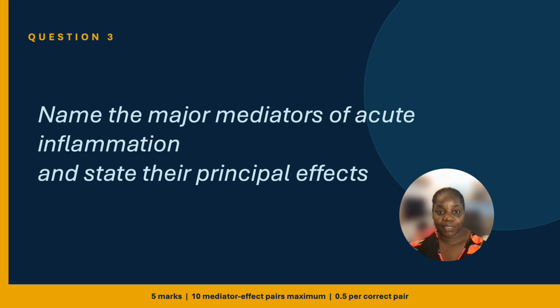As for expected performance, I expect a well-prepared year 3 biomedical science student to correctly list 7 to 9 mediator-effect pairs. In this case, the scoring will be between 3.5 and 4.5.